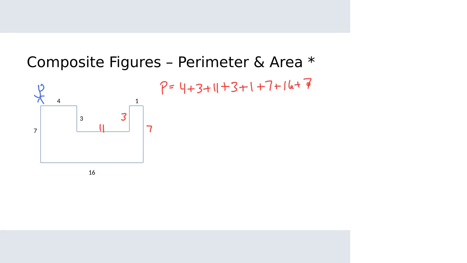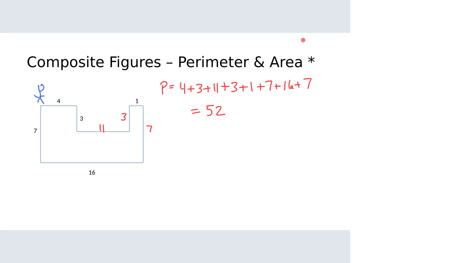So make sure you're careful about having all the side lengths and not missing any. Now we'll add this up. 4 plus 3 plus 11 plus 3 plus 1 plus 7 plus 16 plus 7 is 52. So our perimeter is 52.